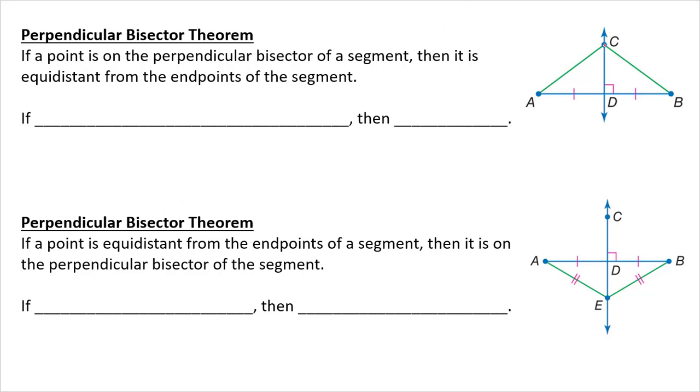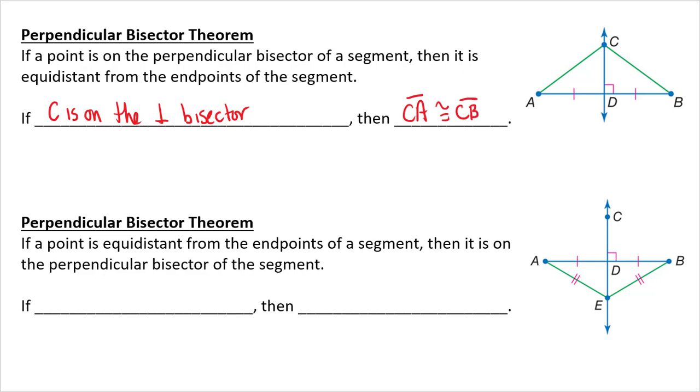Okay, so C here, C is on the perpendicular bisector, then segment CA is congruent to segment CB.